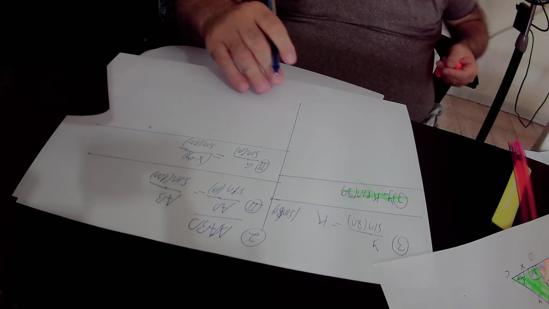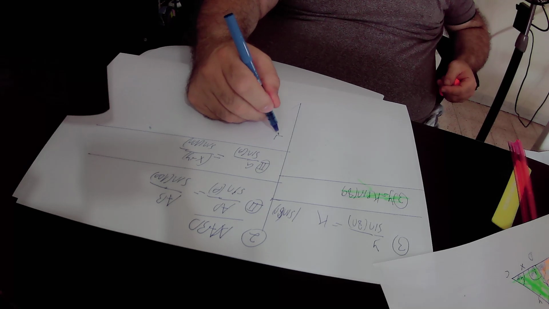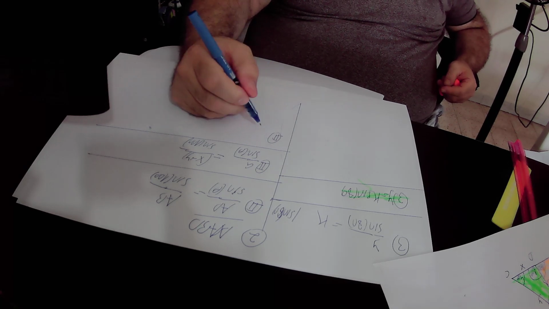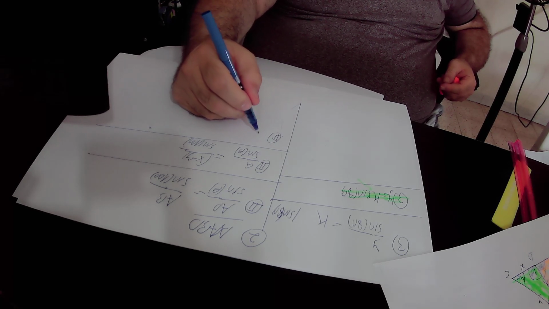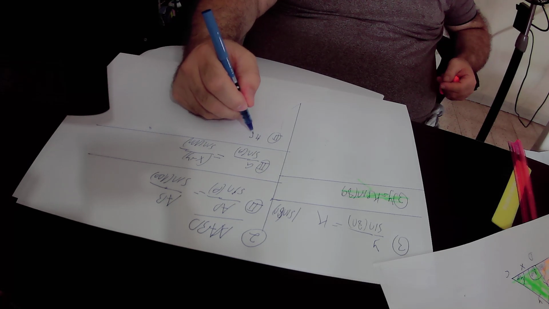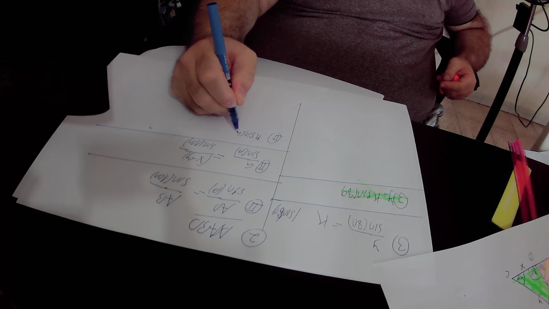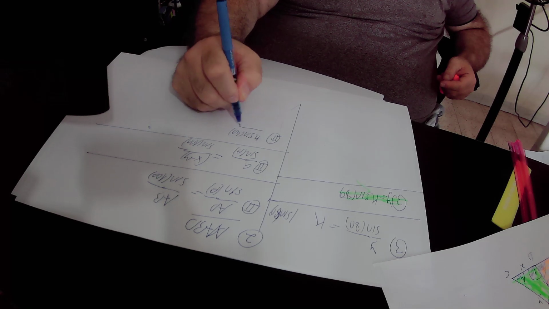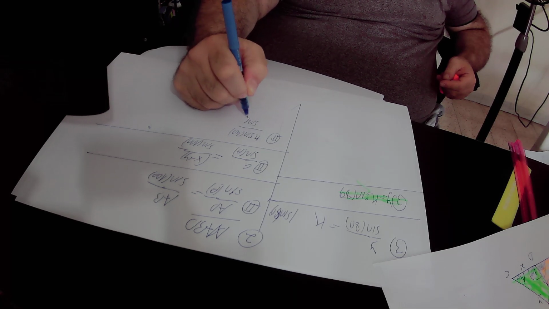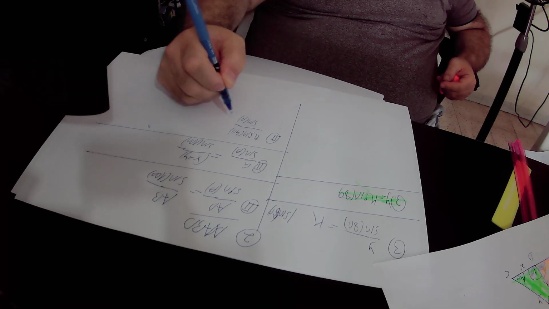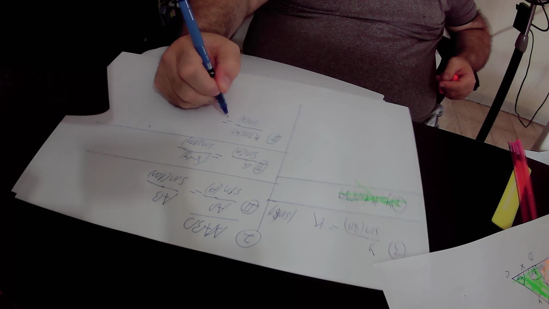We've already found out that a equals k times sine 40 degrees, so we substitute a by k times sine 40 degrees over sine theta, and it is equal to x plus y.